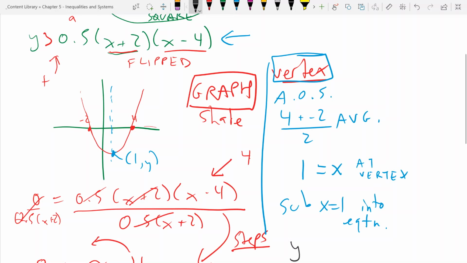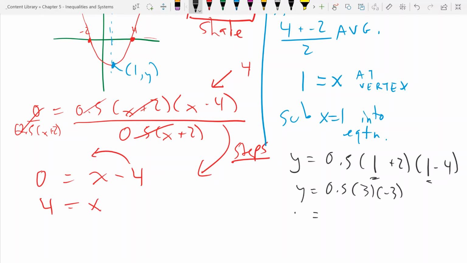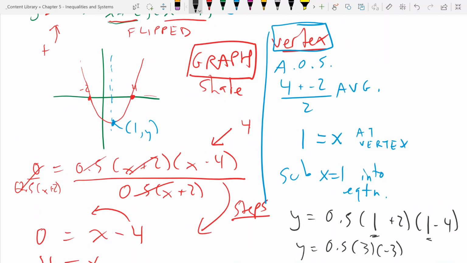So we got y equals 0.5(1 + 2)(1 - 4). These were the x values. Now when I solve, I'm going to get 3 and -3. I'm going to get 4.5, -4.5, which makes sense when I look at my graph because it should be a negative value. So I can put -4.5 if I care.